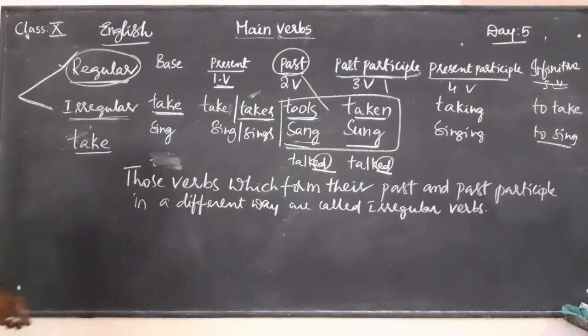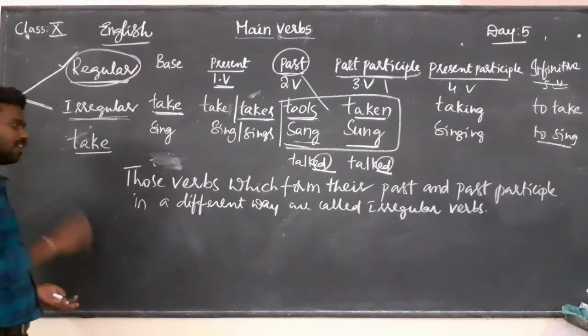Irregular verbs. Those verbs which form their past and past participle in a different way are called irregular verbs.